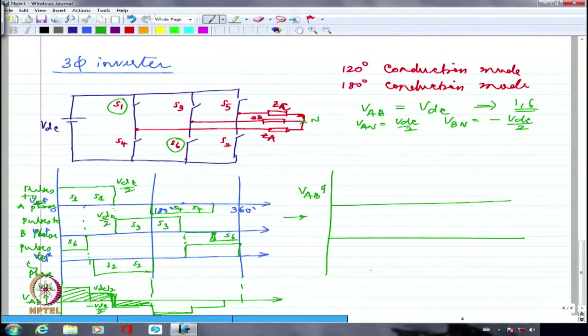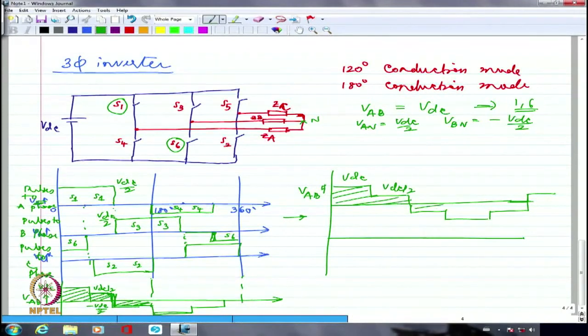So essentially my waveform will be somewhat like this. I am having first VDC, then VDC by 2, then minus VDC by 2, then minus VDC, then again this, and so on. This is going to repeat itself. So each of them is VDC and VDC by 2.